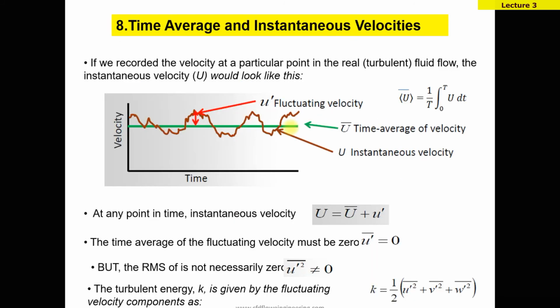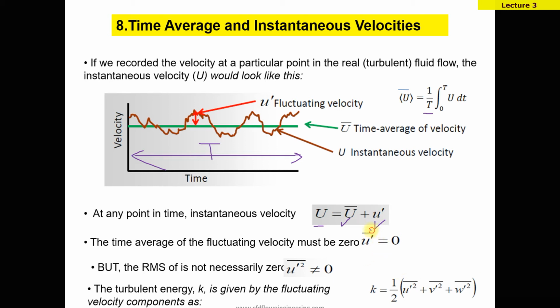Turbulent flow structure was already discussed in the first lecture. The average velocity is equal to the sum of the instantaneous velocity divided by the time period of averaging. At any point, instantaneous velocity is equal to average velocity plus fluctuating velocity.